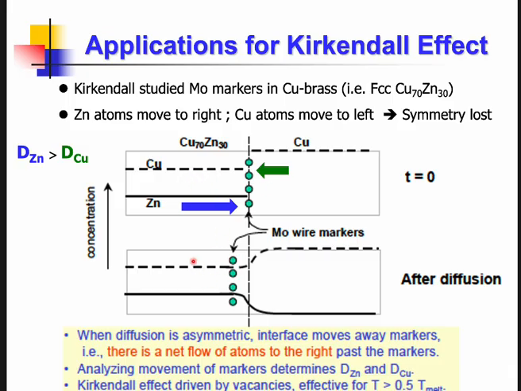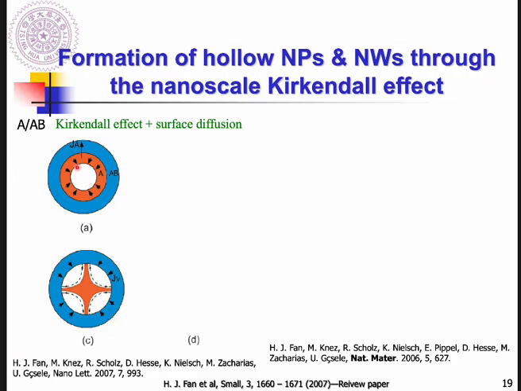In the meantime, I believe you can also observe some void formation at the copper-zinc alloy side. So this is an application of the Kirkendall effect that can help you know the diffusivity of different compounds or different materials.